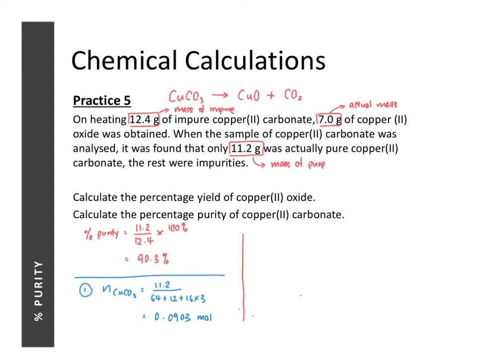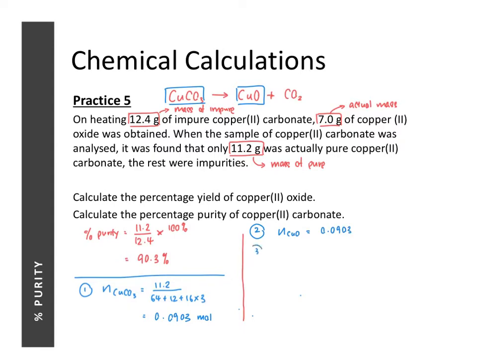Next, step number 2, compare mole ratio between what we are given and what we need to find. We need to find the amount of copper oxide that should have been formed. The mole ratio is 1:1, so the number of moles of copper oxide will be the same.